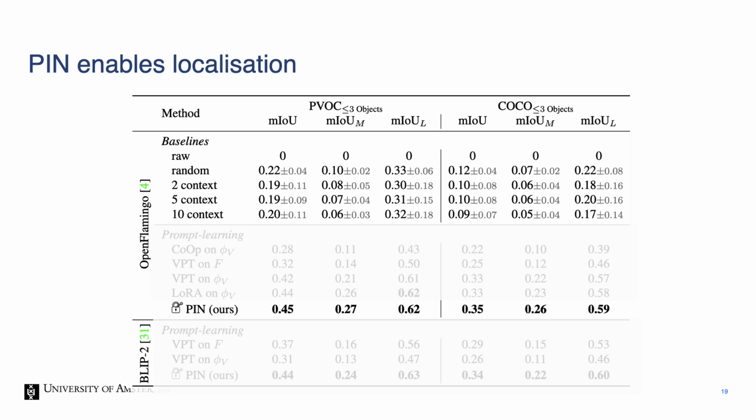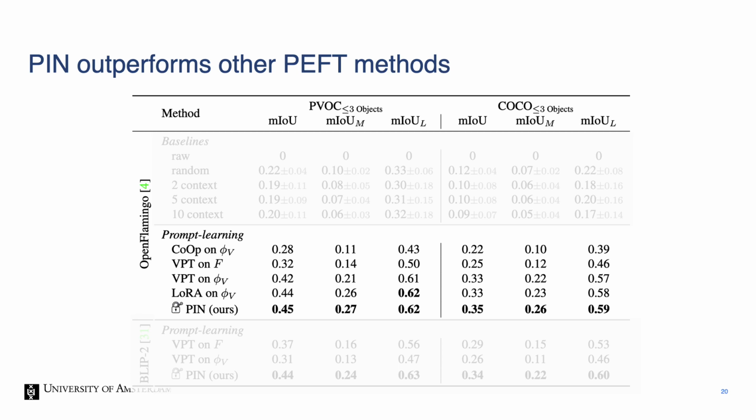In contrast, the enhanced vision language model with PIN is able to localize objects, seen by the strong improvement in performance in mean IoU. Moreover, PIN also works better than existing patch methods, such as prefix tuning, similar to CoOp, visual prompt tuning for the vision encoder and the fusion network, or LoRA applied to the vision encoder.